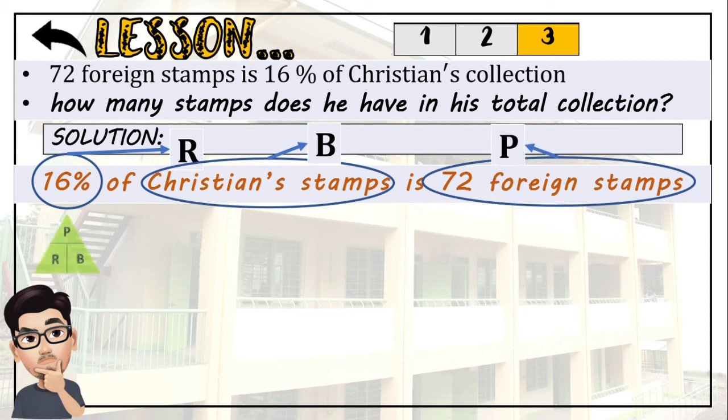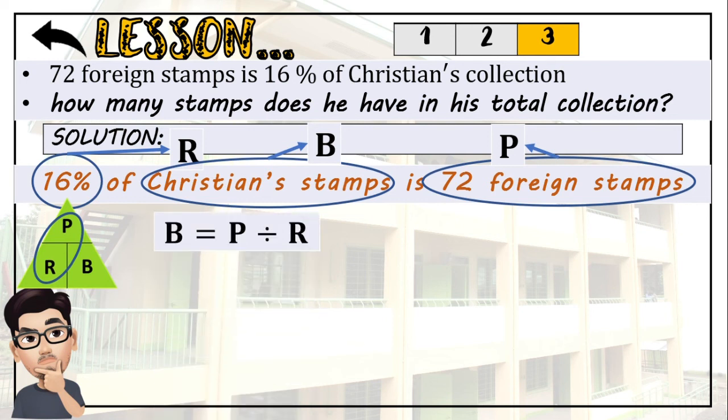Okay? So, from our triangle, we need to divide percentage by the rate. So, our formula will be base equals percentage divided by the rate. Okay? So, that will be 72 divided by 16%. So, kailangan naman nating palitan yung percent, yung 16%, into a decimal, that will be 0.16.